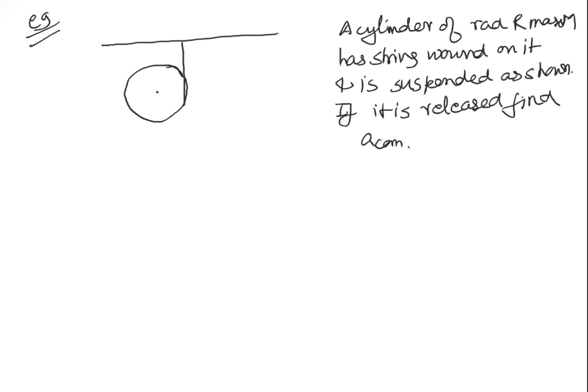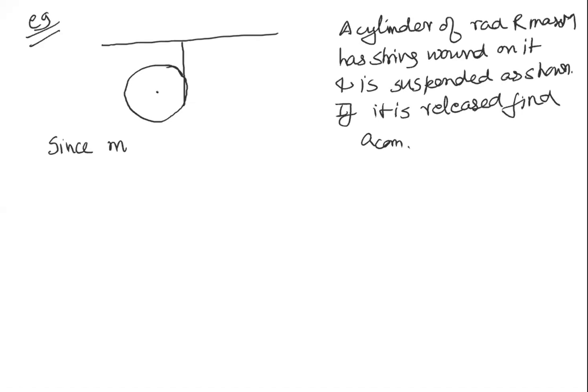I hope everybody can see that the motion will be that of translation and rotation. This object will come down definitely, and it will also be rotating. That means rotation plus translation. So please see how I do this.